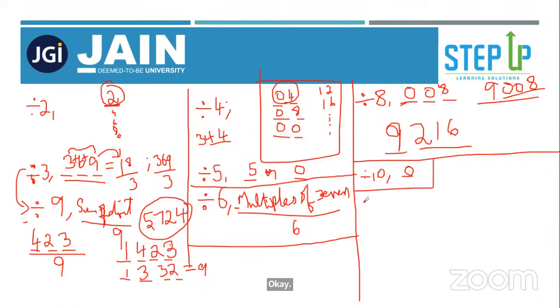Rule of 11. We'll come to the other numbers before that, we'll finish this. Rule of 11. Good, Smith. Good effort. Last digit 1, then 31. Is it divisible by 11?